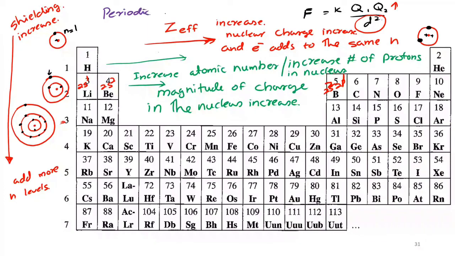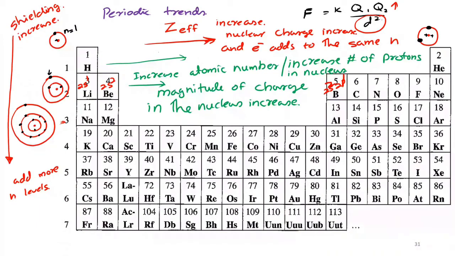We got the periodic table by organizing the elements in increasing order of atomic numbers. And now we see this kind of trend. Your Zeff, the effective nuclear charge, increases from left to right, and your shielding increases from top to bottom.